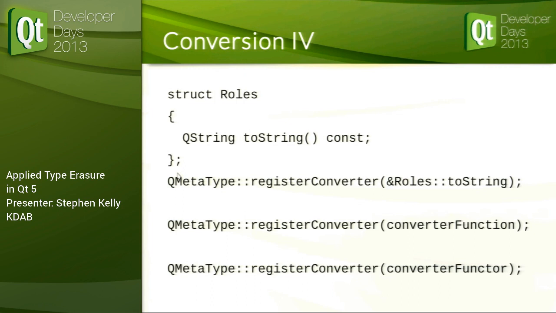I guess it's quite related, but since you've named the method in roles toString, how does register converter actually know that you are talking about strings? The return type. So it's based only on the type. Yes, that same clever template I mentioned can see the return type, and any parameters that the thing takes.